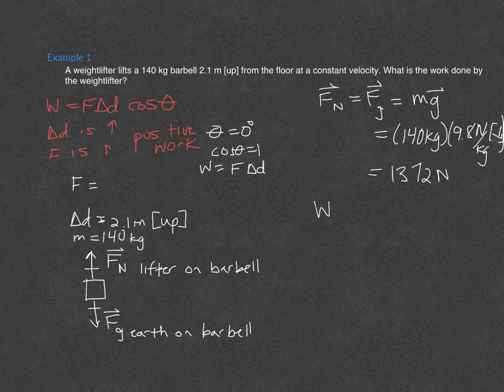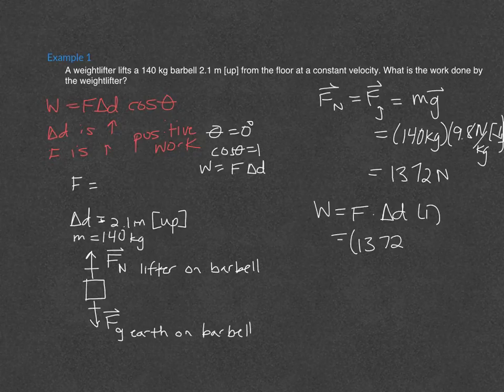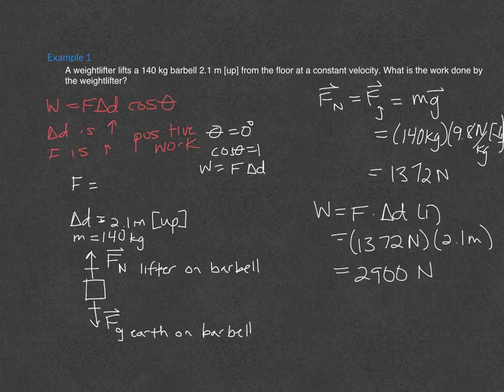I can even put 1 in there, but you don't have to. So I'm going to take my 1,372 newtons and multiply it by 2.1 meters. That will give me 2,900 newton meters. And we said that the unit for newton meters is joules, so we can rewrite that as joules, which is our energy unit and work unit.